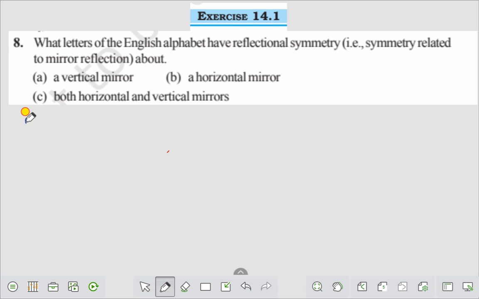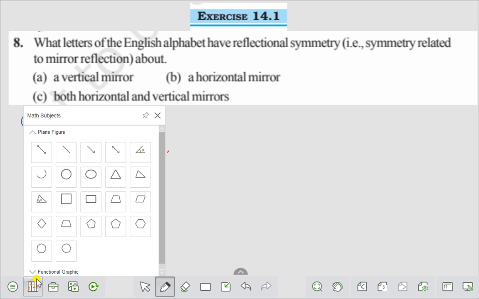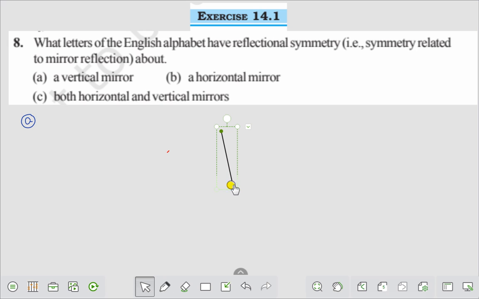If we take a vertical mirror, suppose this is a line. We will take a line here. This is a vertical line.